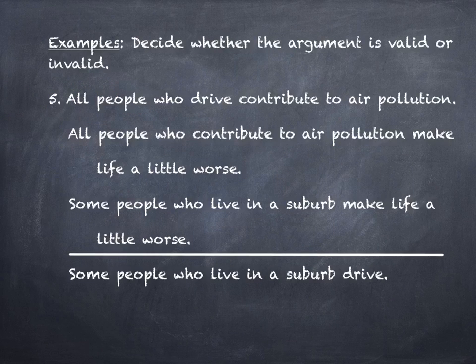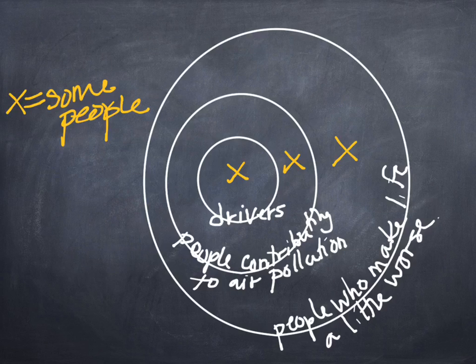What I'm trying to decide is if some people who live in a suburb drive by default. Do they have to? Does that have to be the case? Do some people that live in a suburb have to drive? We're a class divided. The X's are in different spots, but do they have to be in all those spots?